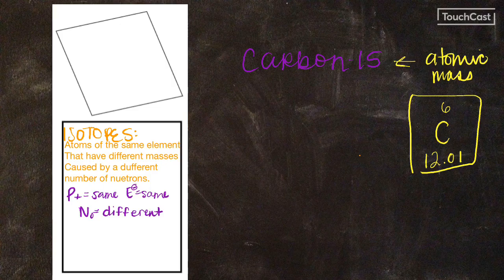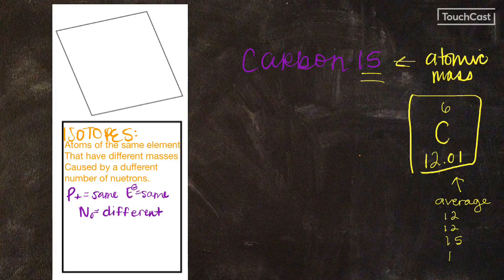The reason this is a decimal is because it's an average. Not all carbon atoms are 12. Some are 12, some are 15, like we have right here, and some are 13. And the way we get this number is by averaging what's present in the environment.